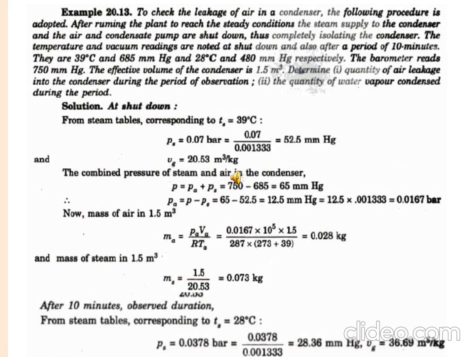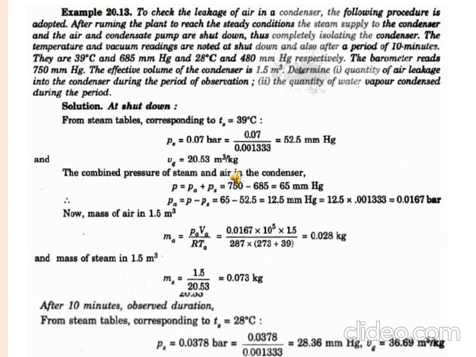Then we will discuss the effects of air leakage. First of all, if we lower the back pressure, we know that our efficiency will increase. But if air is there, the back pressure will also increase.